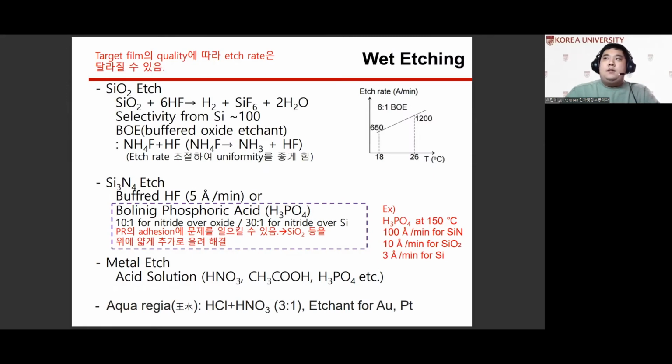To etch the oxide, we usually use hydrogen fluoride, and not only hydrogen fluoride, but buffered oxide etchants such as ammonium fluoride mixtures can be used to control the etch rate and improve uniformity. However, with the buffered oxide etchant, as you can see over here, the etch rate is widely affected by the temperature.